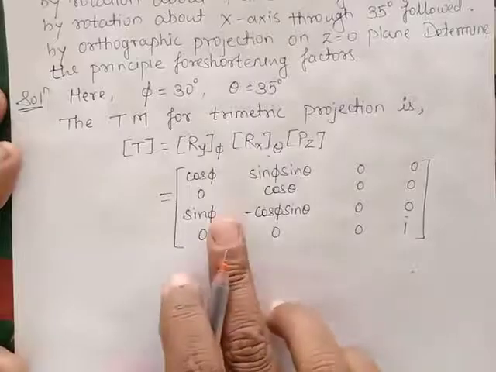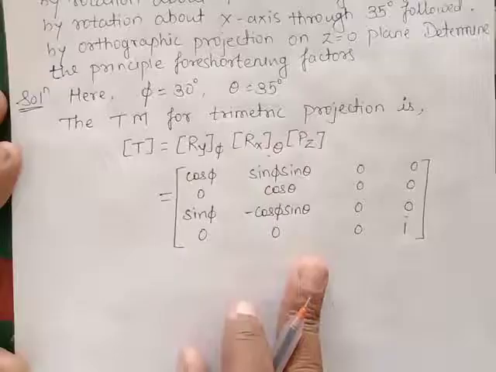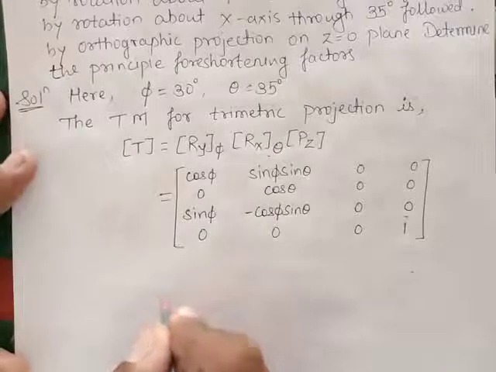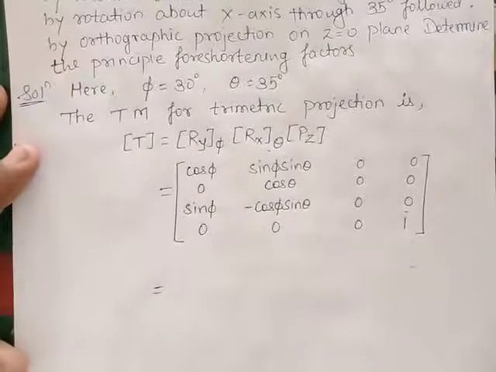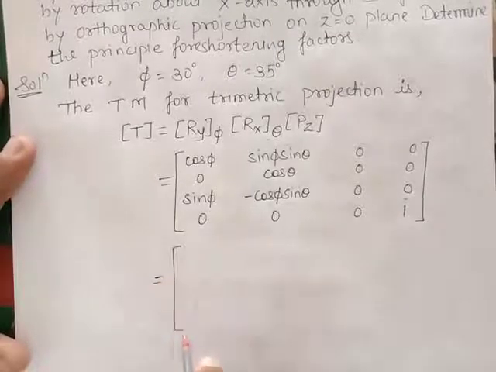Now let me put the values of phi and theta here so that we will get the transformation matrix T. After simplification or finding the values of these one, we will get the transformation matrix. So what we have to determine?